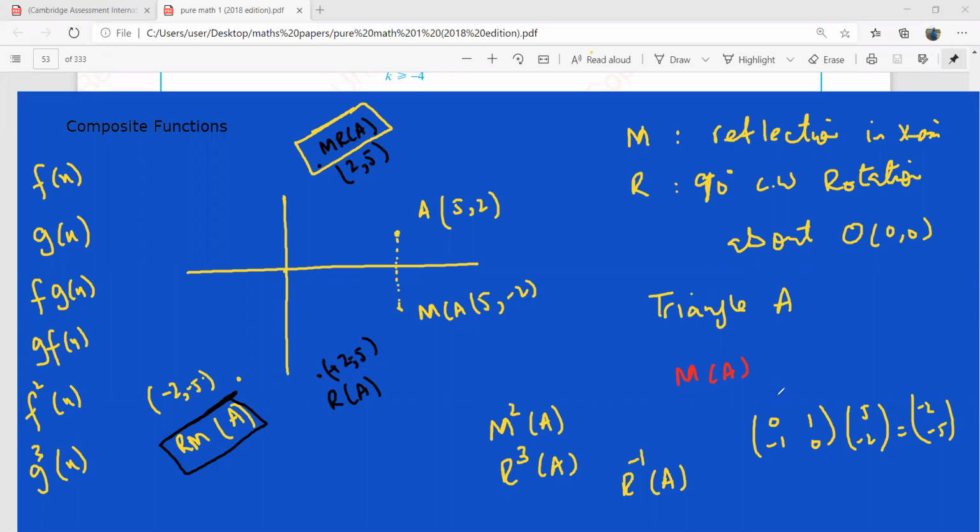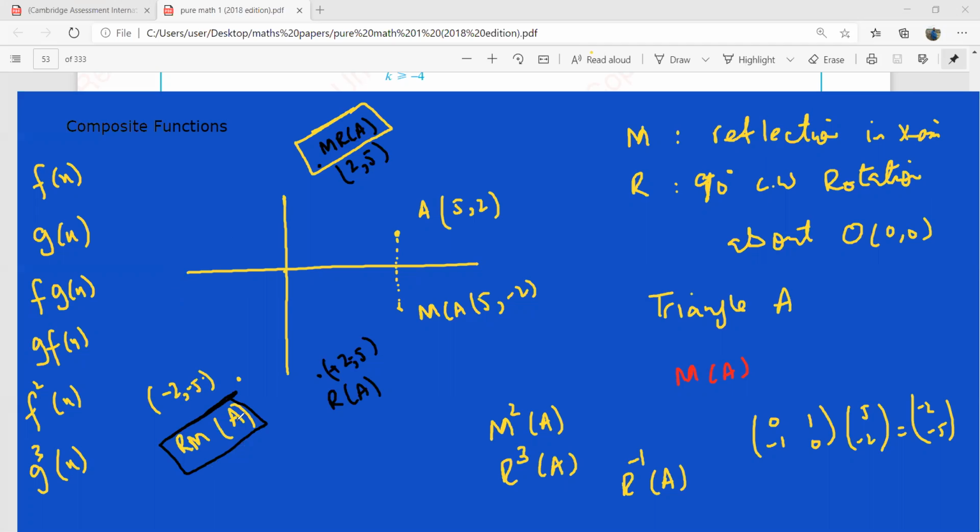So you must be familiar with this R inverse of A. You must have tried F inverse of X, G inverse of X in your O levels as well. That is basically reversing that process. Anyhow, I wanted you to recall that you have already done this in your O levels where you were combining these transformations.